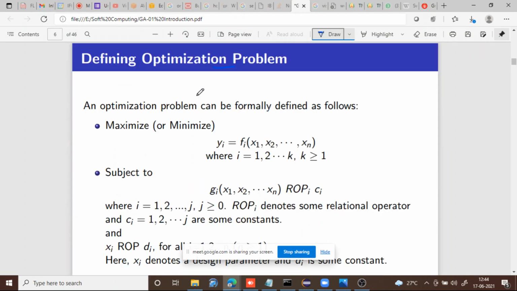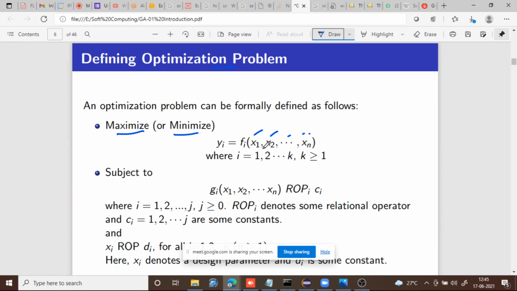So this is how we define an optimization problem. It will be represented through a function, and that function we want to either maximize or minimize, and it will be represented something like this: y is equal to f of x1, x2, and so on. These are parameters. How many parameters there will be depends on the type of the problem. The function is represented with n parameters. If it is a very small problem, it may have only one parameter.